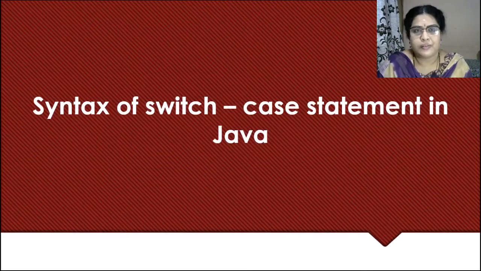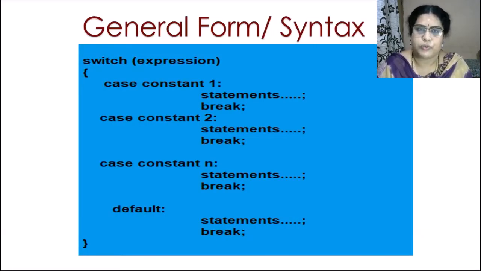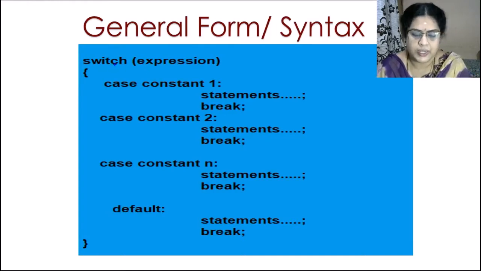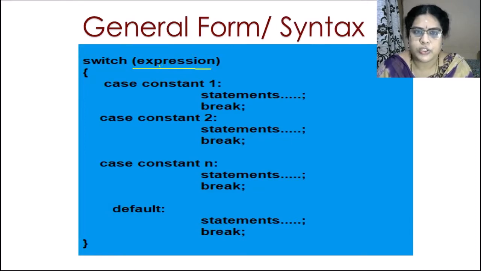Now let us look at the syntax of the switch case statement. This is the general form of the switch case statement. Here we have the keyword switch and we have an expression. This expression is going to match with these case constants.